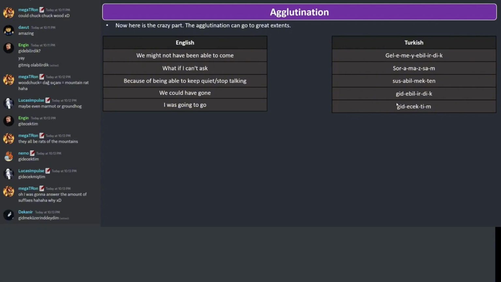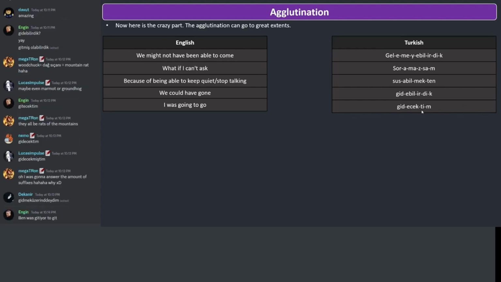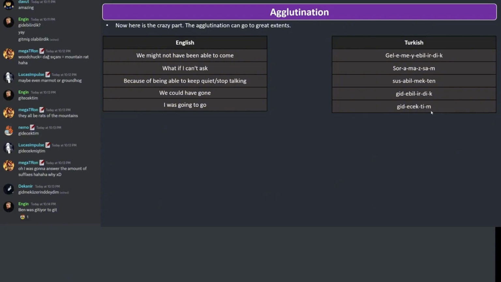This is the root, as I keep saying, like the action gitmek, to go, and when, ecekti, future past or past in the future. When you combine the future with the past, I was going to go, and then person, gidecektim.